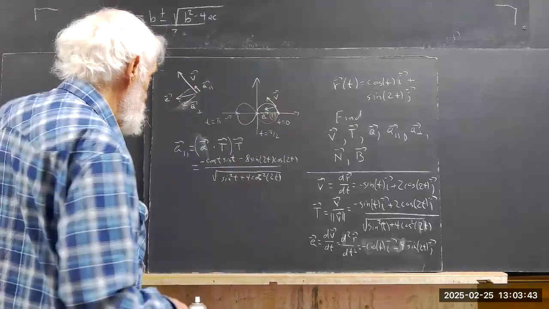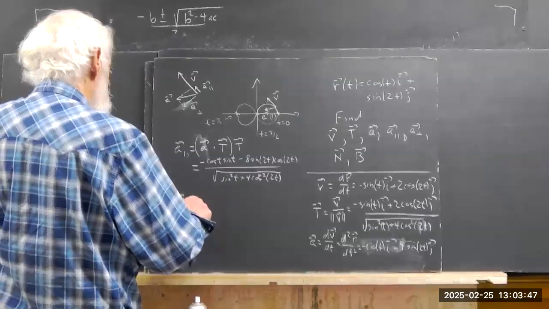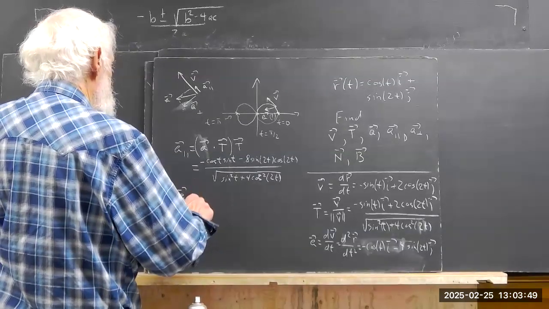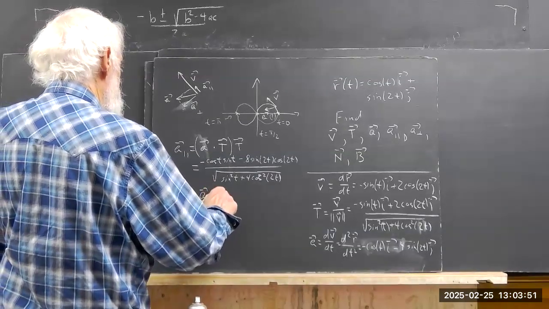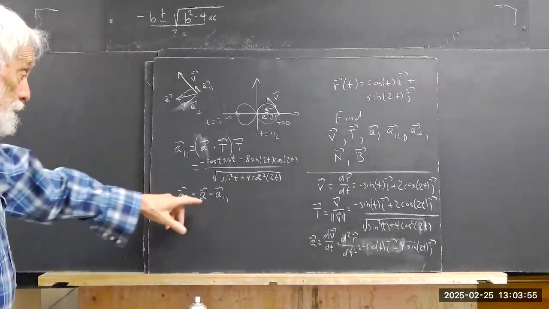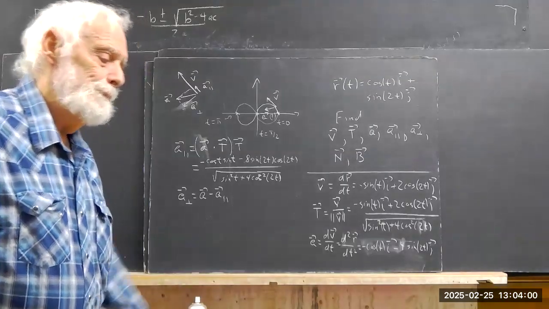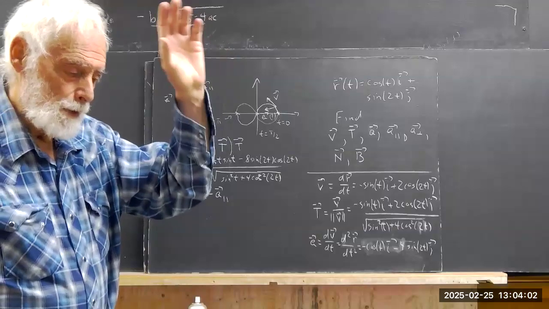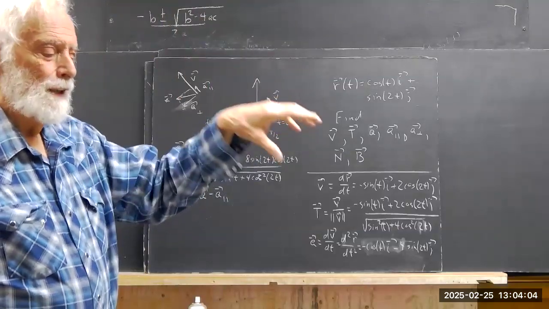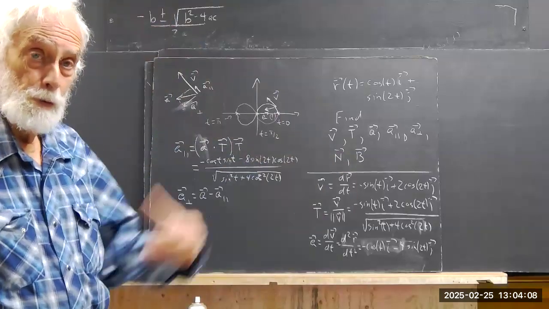Then we ask for A perpendicular. Calling it A perpendicular, it is A minus A parallel. There's a formula with the dot product of the first derivative with the second derivative, divided by the magnitude of one of the two.